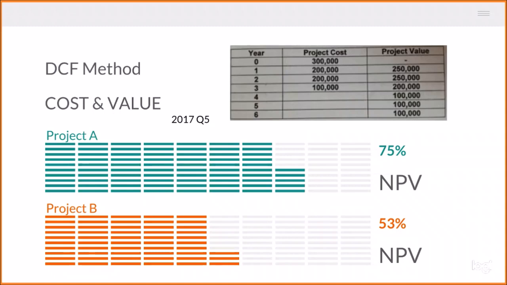This is 2017 question 5. They give you year 0 to year 6, and the project cost for the first year going in is 300,000. The first year later is 200,000, and then subsequently this project will start generating value.